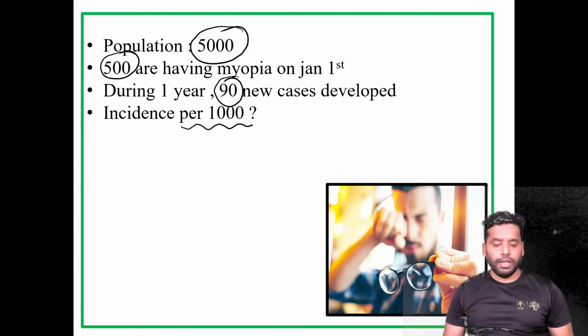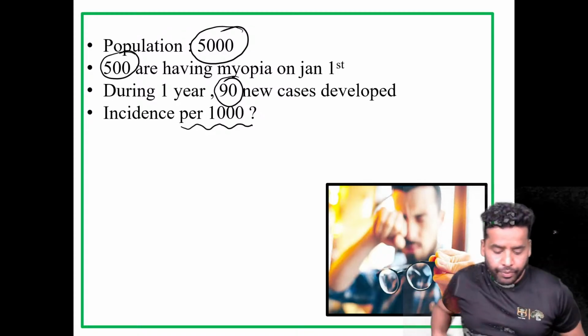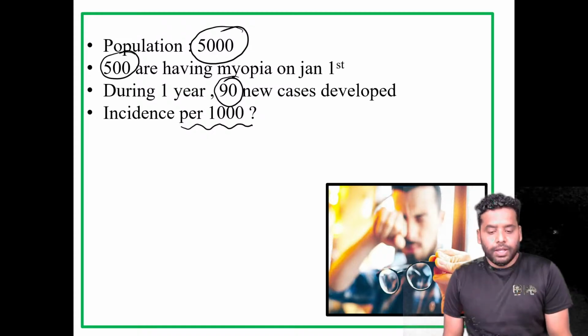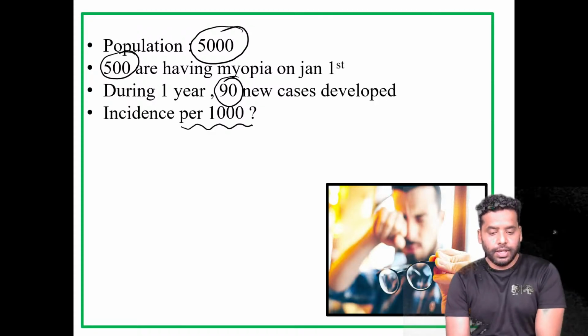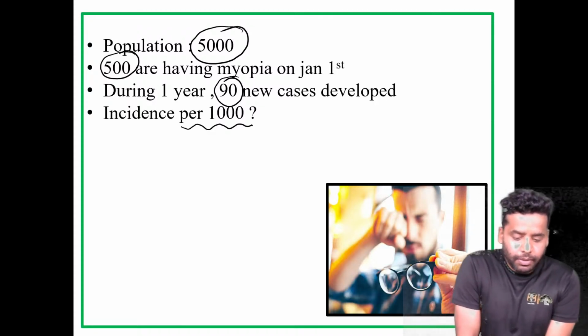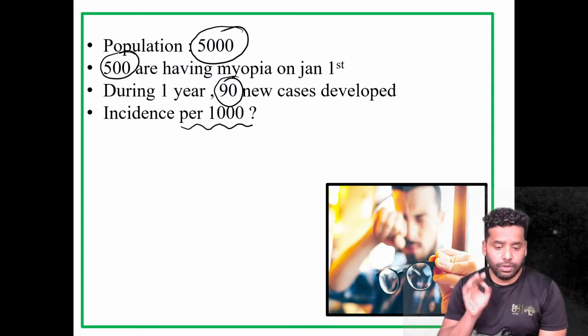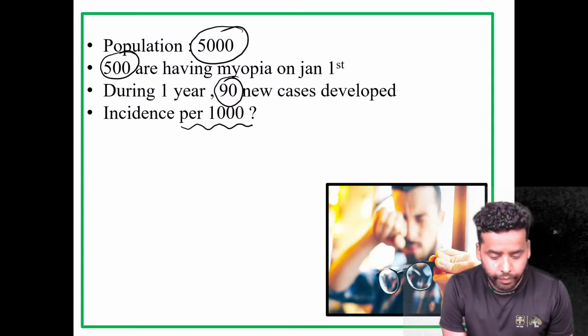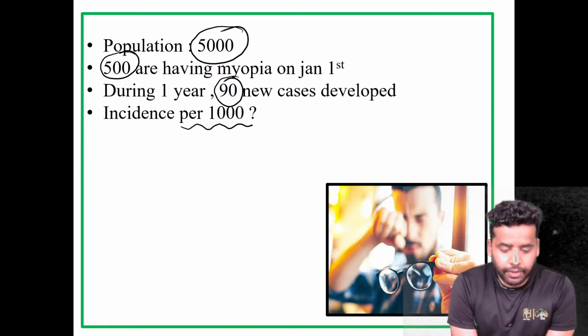What is the multiplier? 1000. Yes. If they mention per 100, you have to multiply with 100. It's not always 1000. Depending on the question, when you solve the questions. Good. Very good. Yes, correct.